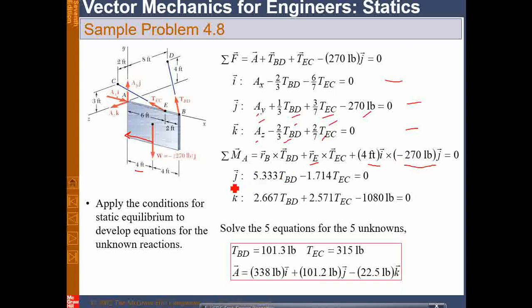Now put all the J and K components. I components will not be there, so there will be J components and K components. During the calculation, we will be getting it. And so we'll be getting all these 5 equations. So we have 5 equations and we have 5 unknowns. What are the unknowns? TBD, TEC, and AX, AY, and AZ. 5 unknowns. So we have 5 equations, 5 unknowns, we can solve it.